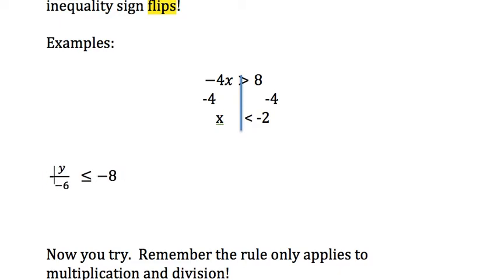So -6 times over here, times -6 on this side. These cancel out. We're left with y. Because we multiplied by a negative number, our sign flips. So now, instead of having less than or equal to, we're going to have greater than or equal to.